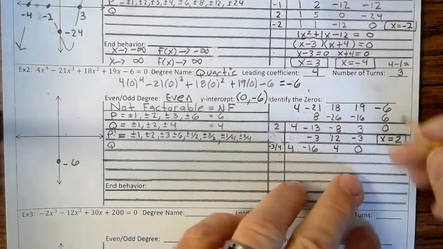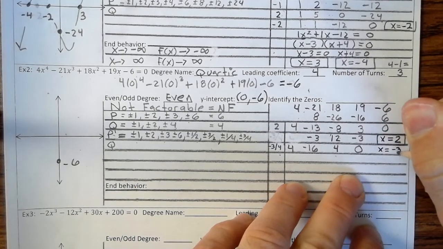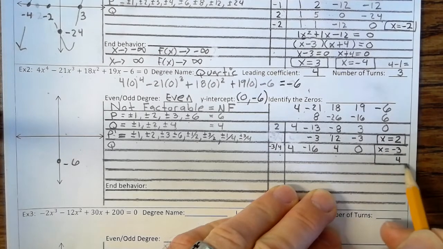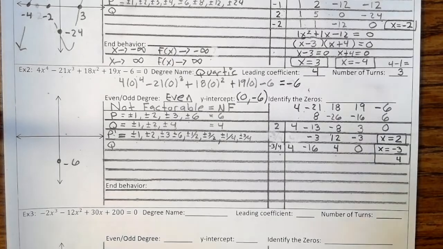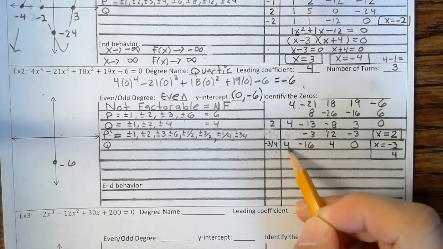So now we can say that x equals negative 3/4 is one of these zeros. Okay, now this was x to the 4th, x cubed, now x squared.